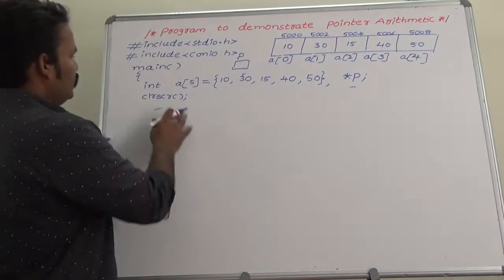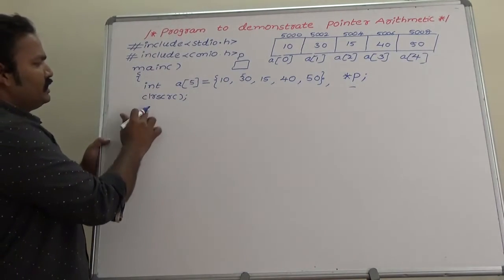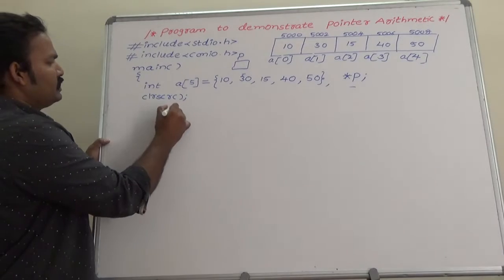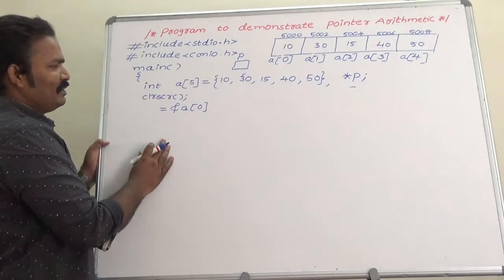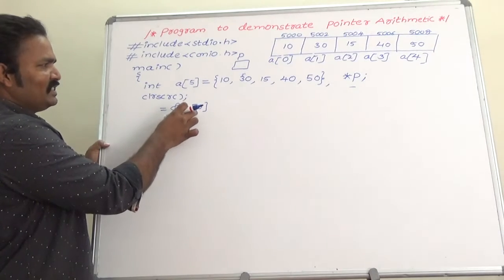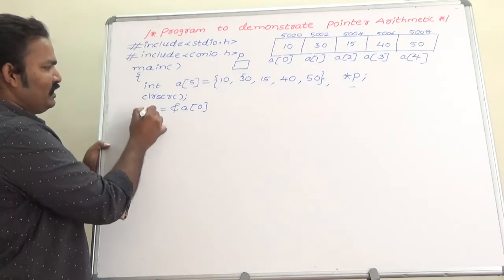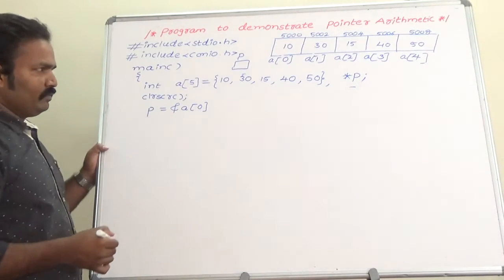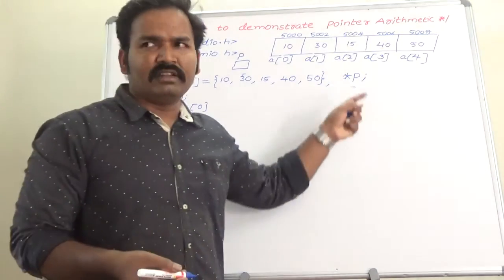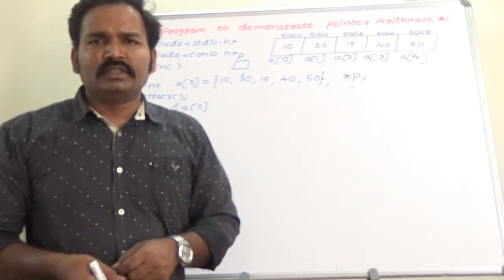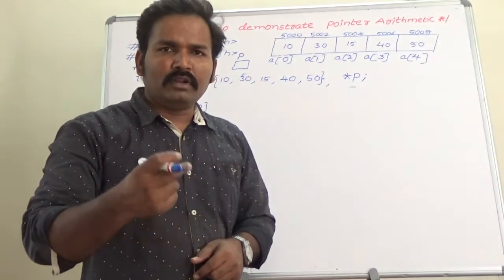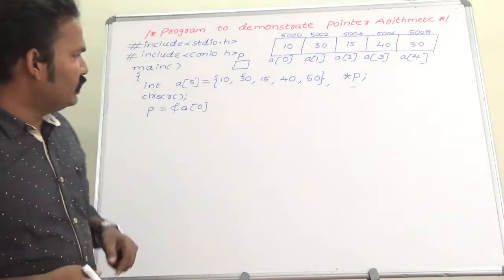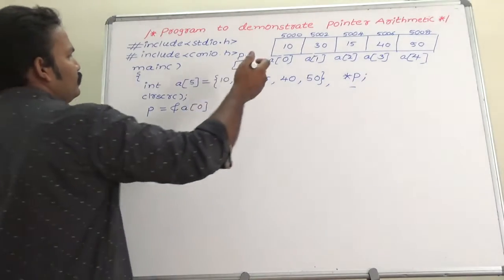And then after the clrscr function, here I am assigning the base address of this array to pointer variable p. We know already that a pointer is a variable that holds the address of a variable of similar data type. Here what happens?